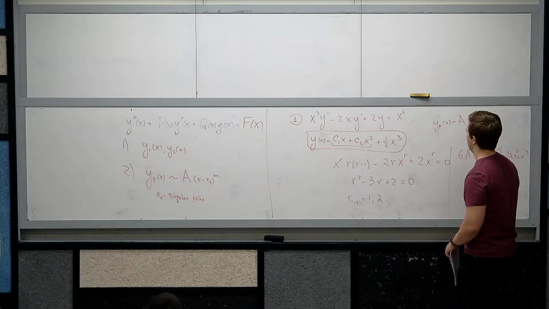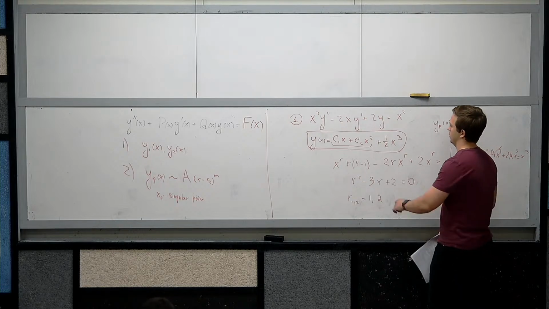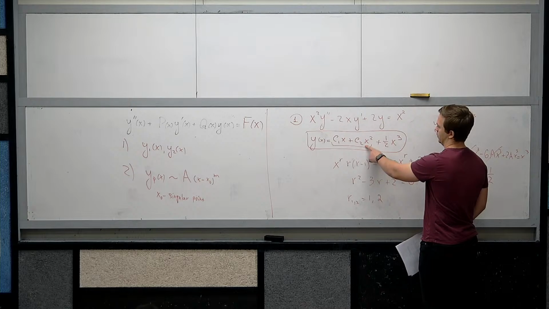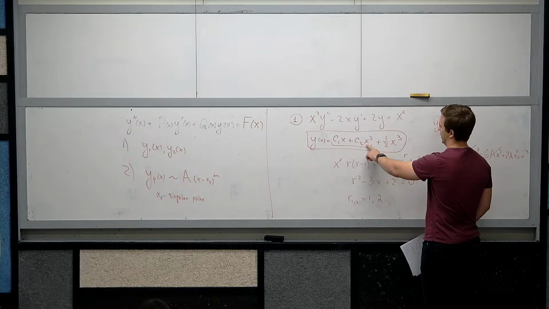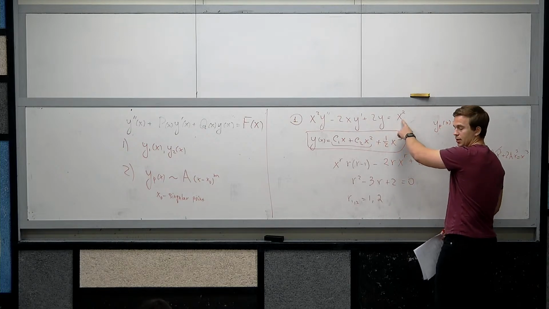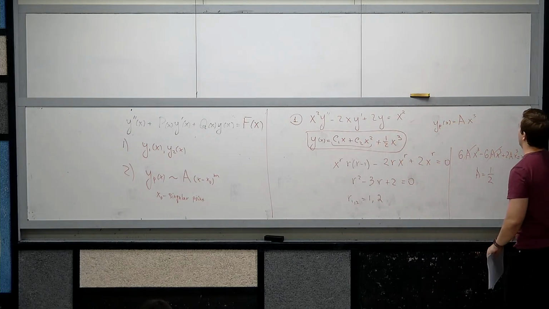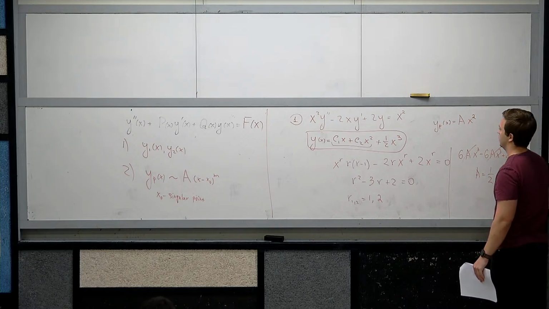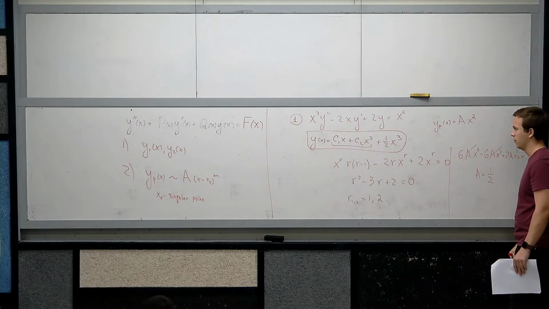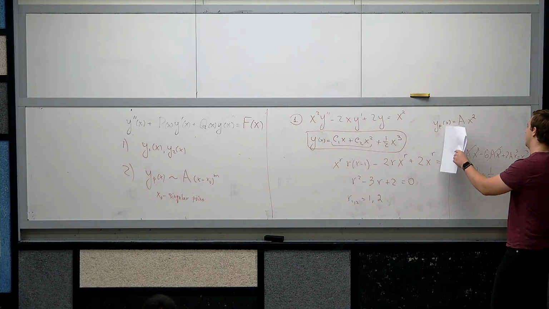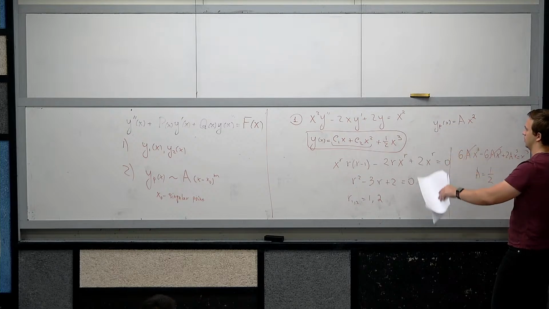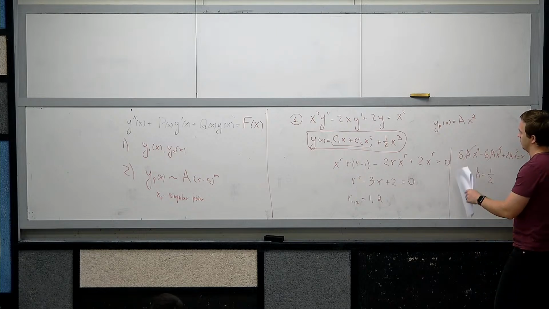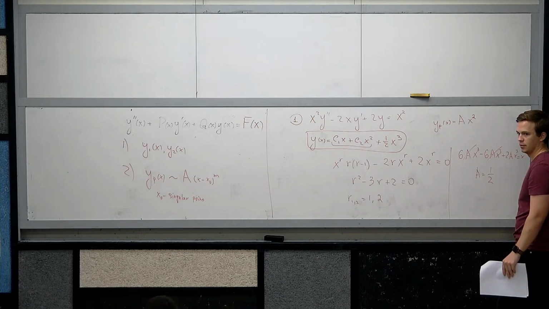But now one of the solutions of the homogeneous equation has the same power as the right-hand side. That's why we cannot find the particular solution in this form. Why? Because if we plug this into the left-hand side, we find that A equals 0.